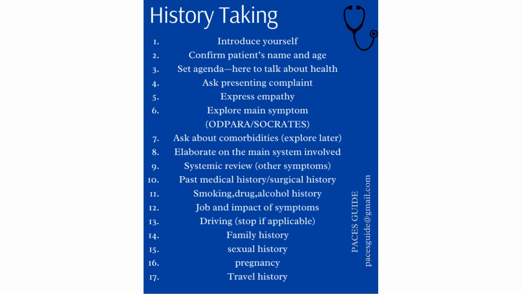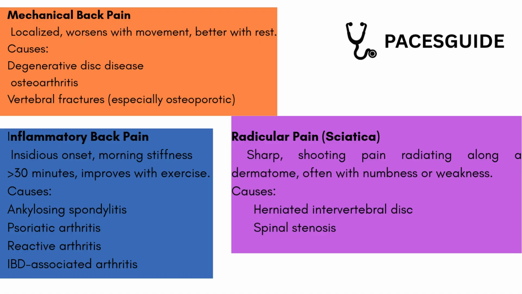Now that you've explored the back pain in detail, if you think that the patient is pointing towards, let's say, inflammatory back pain, and you think it's ankylosing spondylitis, you see it's a young male patient with early morning stiffness and pain, you then need to ask very specific questions about ankylosing spondylitis.